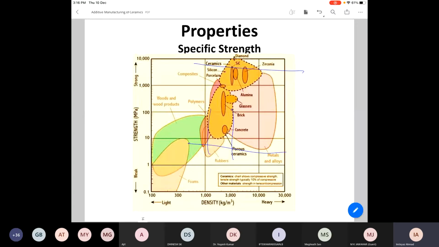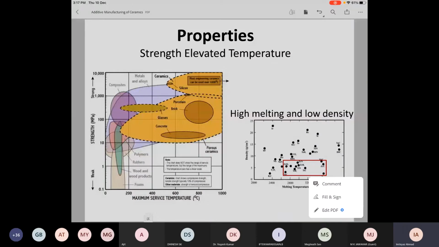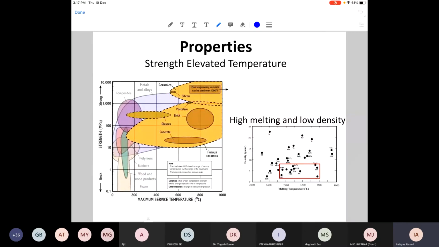Now, if you look at here, the temperature at which they can serve you, the ceramics can actually serve you at temperatures greater than 1000 degrees C. You can see the arrow here. And most of the metals will not be able to serve you beyond 600 degrees C. There are some specialized materials like Inconel, they can go up to 800 degrees C without oxidizing, or they can resist oxidation to some extent, but not for very long, in the sense you cannot apply it continuously above 800 degrees C. But ceramics can be used at temperatures higher than 1000 degrees C very easily.